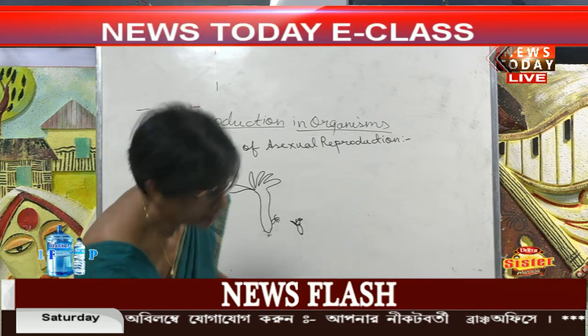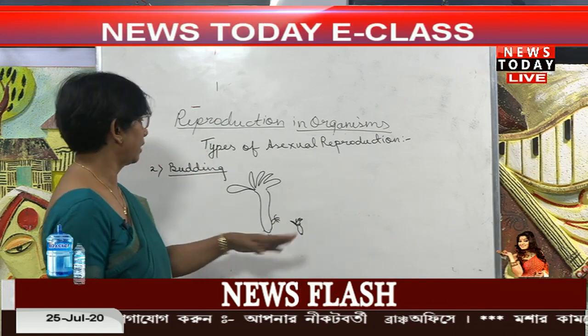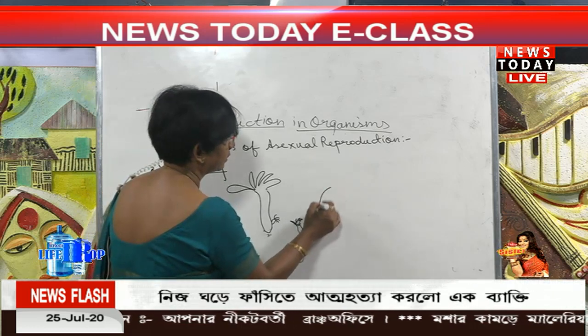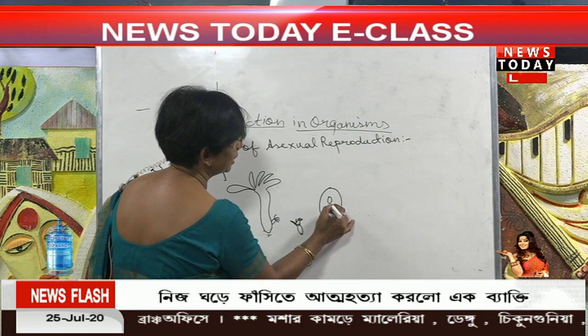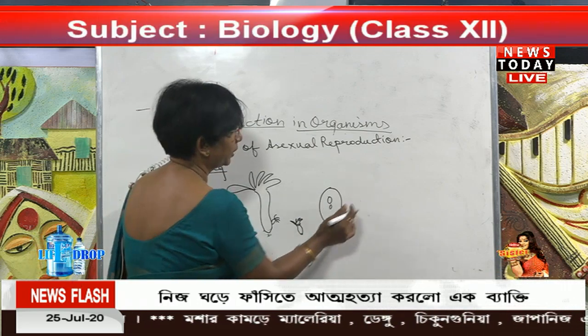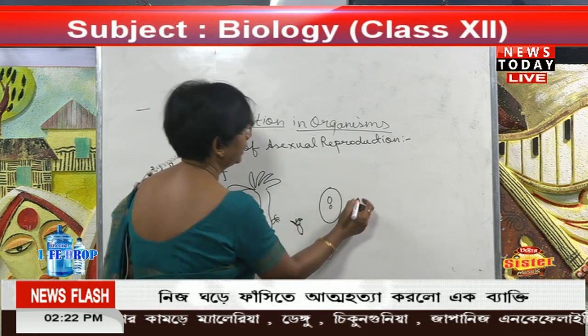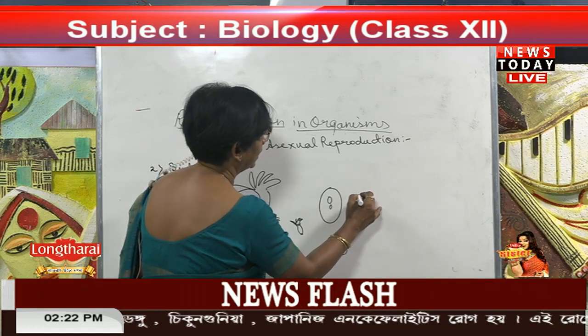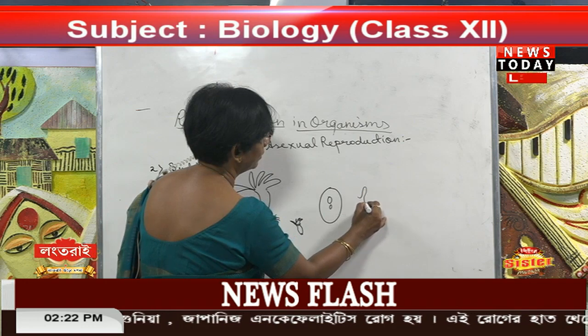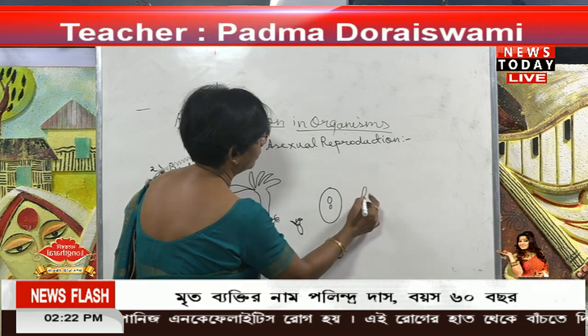Now, one more example is yeast. This is the yeast, this is the vacuole, this is the nucleus. When it is going to multiply, a bud-like structure is formed, like this.